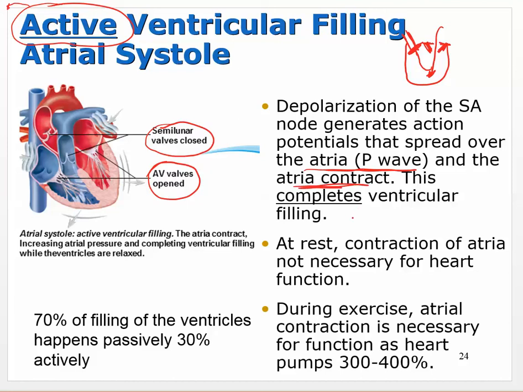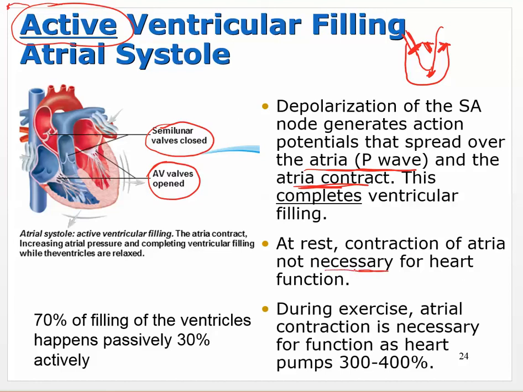Also a hint, there was already some blood in there. So the atria contract, squeeze the rest of the blood into the ventricle, and it completes that filling. At rest, the contraction of the atria isn't even needed.